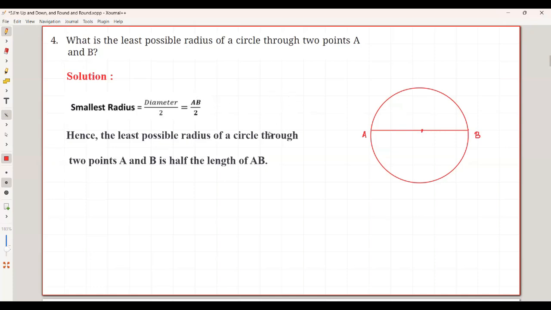However big or small the circle is, the smallest radius will be half of the diameter. Hence the least possible radius of the circle through 2 points A and B is half the length of AB. So by this we are completing this exercise. This exercise is over.